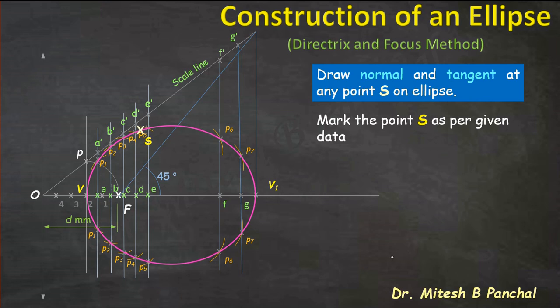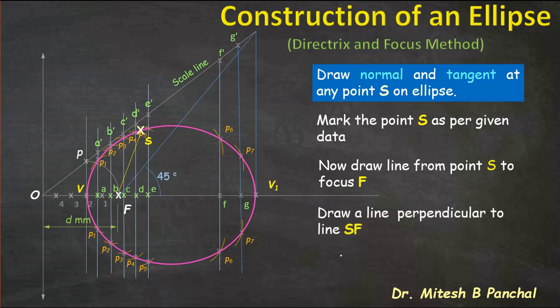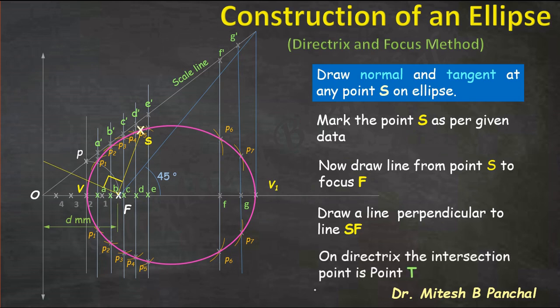So here we will consider the point S and we want to draw a normal and tangent at the point S. So as a first step, we have to draw a line from point S to F. So draw a line SF, then draw a line from focus point F that is perpendicular to SF. On directrix, we will get the intersection point that is T.